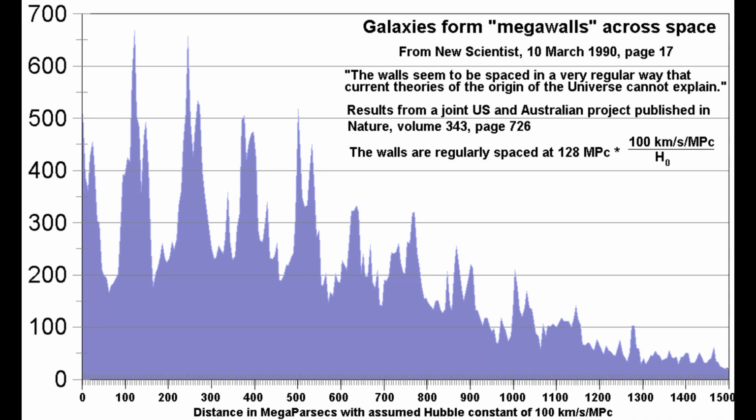And when I averaged some years ago the last 10 values of the Hubble constant, it will give that spacing as 586 million light years. In other words, it's the same as the geological cycle of 586 million years. So we've got a connection between those two things.